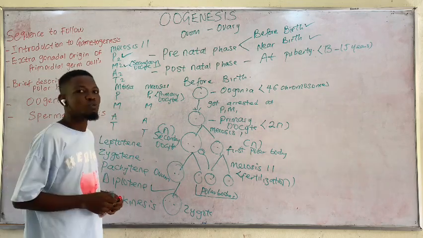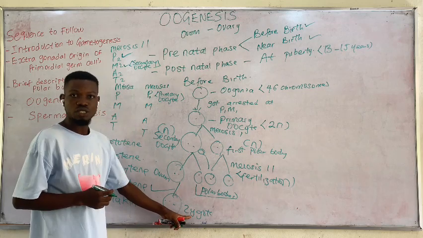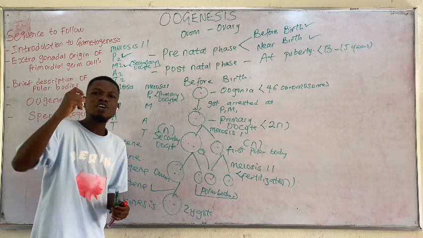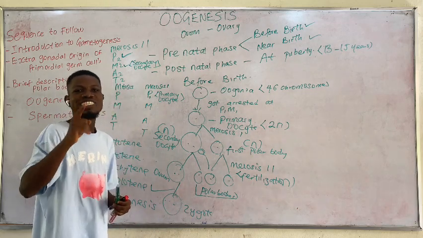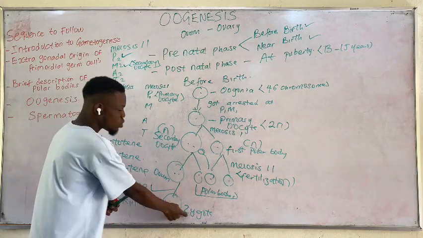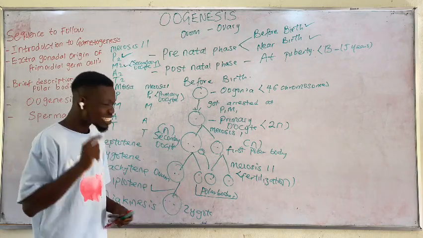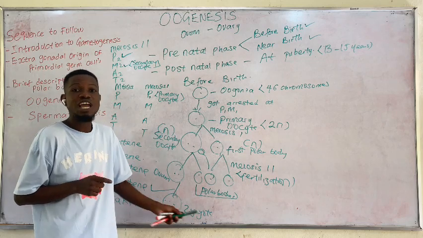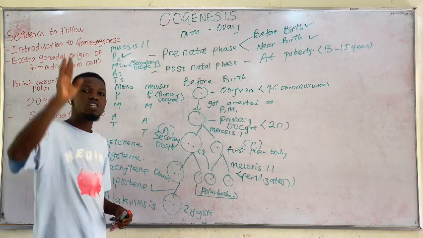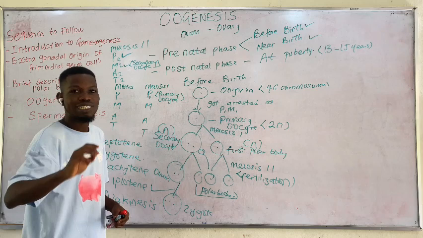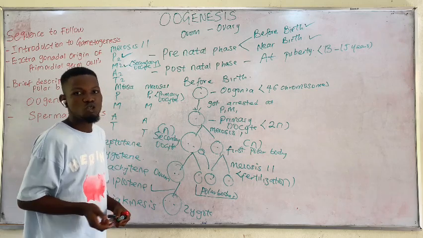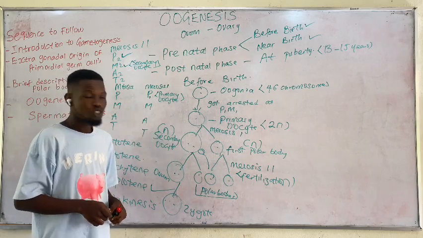They form 46 chromosomes, which is our diploid zygote. That is why a female will never complete her oogenesis without the formation of a zygote. The zygote will give rise to the embryo and all. That is how another life is produced, from the female. Do you get it now?